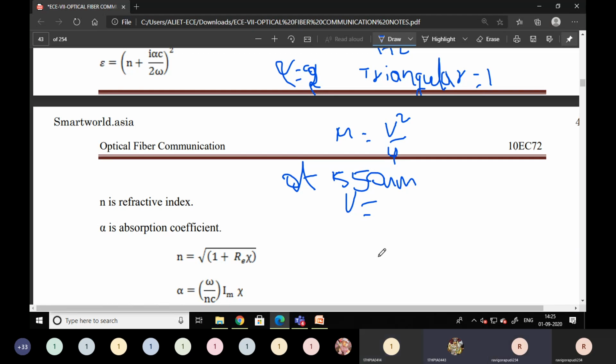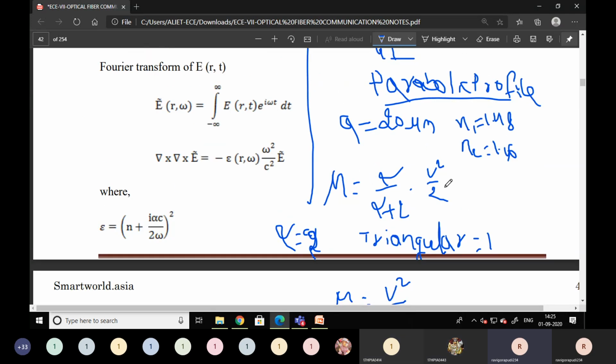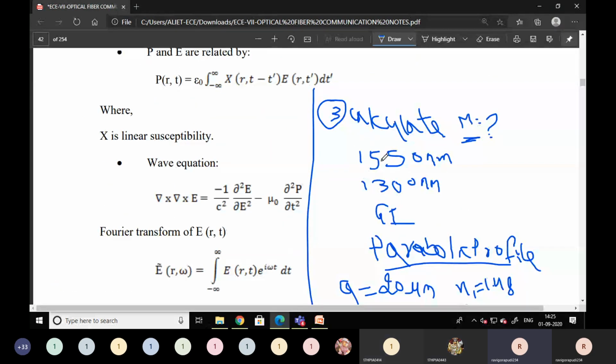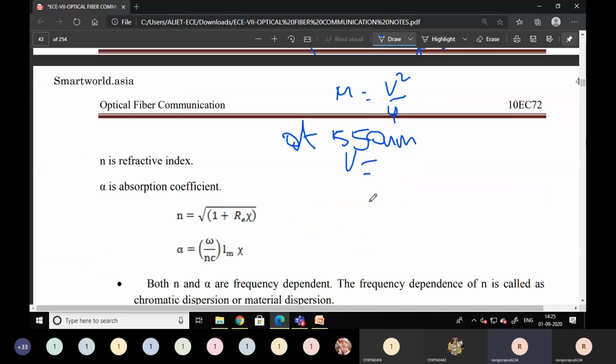Okay, we'll see that. So he has given two wavelengths, for example, 1550 and 1300. At 1550 nanometers, what is V1? At 1550 we'll get M1 is equal to V1 square by 4.